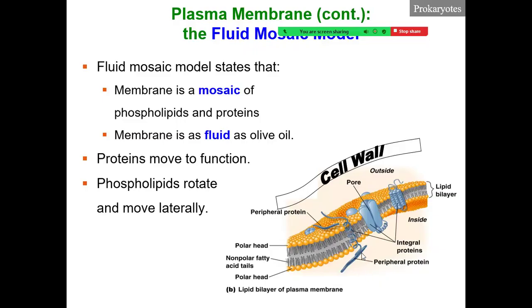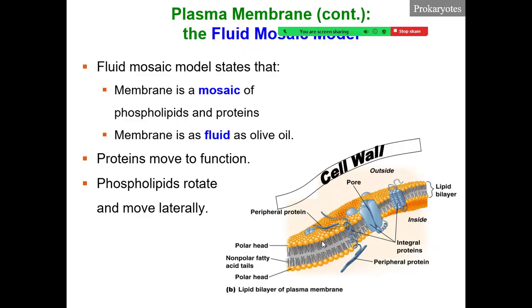And the same with this protein here, although it's anchored to the intracellular matrix, which we'll talk about in a little bit, then this protein would not move about. But other proteins, like this one here, are free to move about the cell membrane.